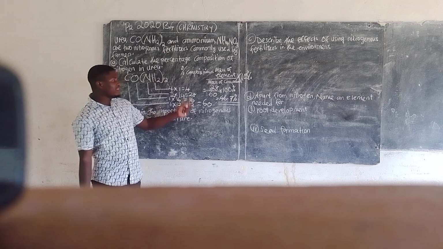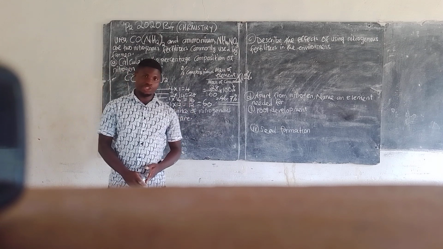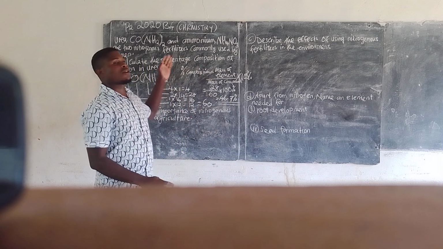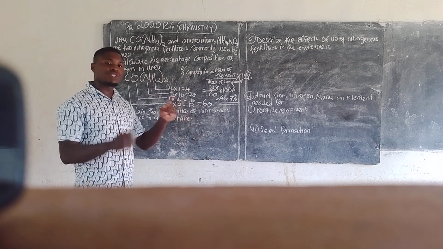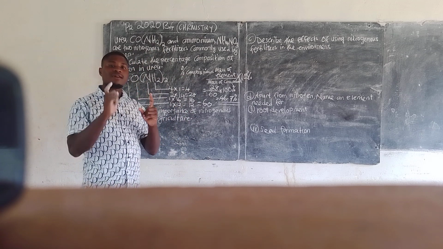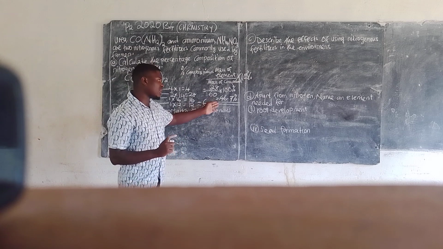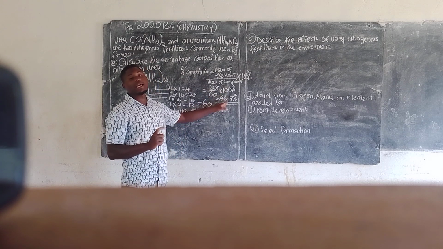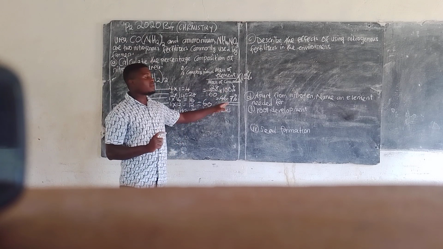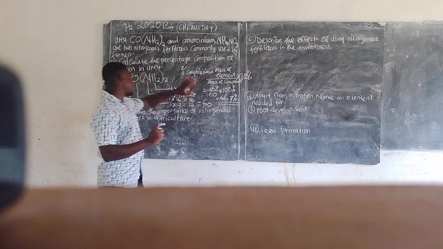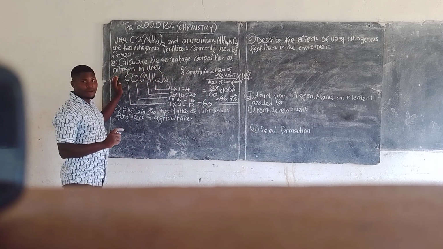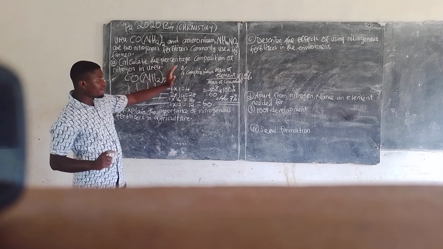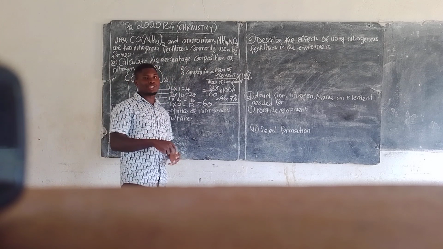This means that nitrogen in this fertilizer, which is urea, alone occupies 46.7%. Then the rest of the percentage is shared among the other elements that are in this compound. So that is how we can find our percentage composition.